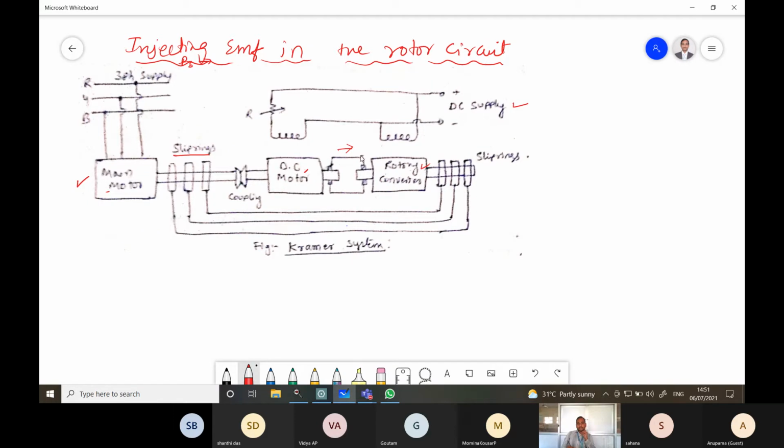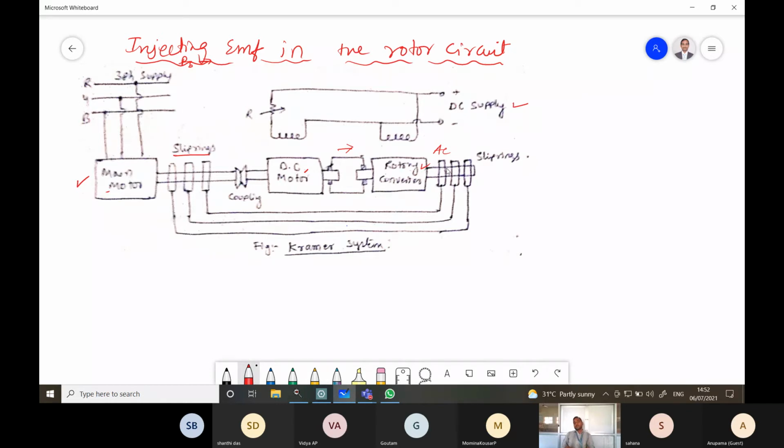Whatever DC is there is converted into AC in the rotary converter. That AC supply is given back like a feedback system. The three AC wires are connected back to the slip rings of the main motor.